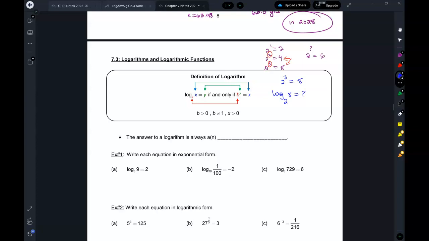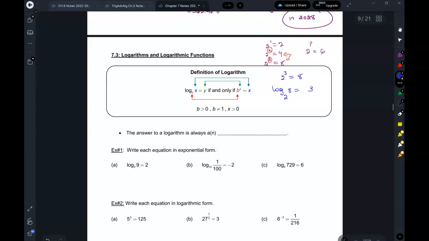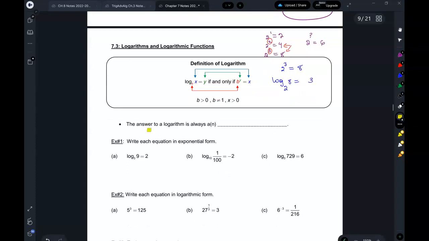And what would that exponent be? 3. So the answer to this would be a 3. That is the exponent, right? So that means the answer to a logarithm is always an exponent.